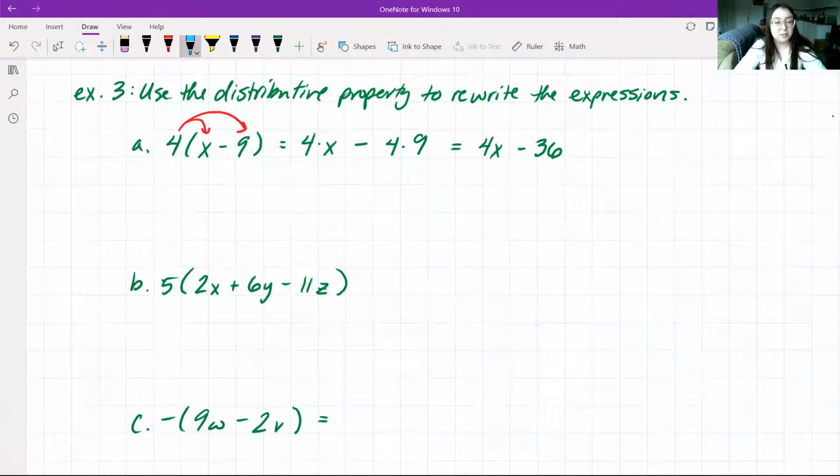If we label these, with 4 as A, x as B, and 9 as C, we do end up seeing that we have A times B minus A times C. So we end up with this form that we looked over earlier.